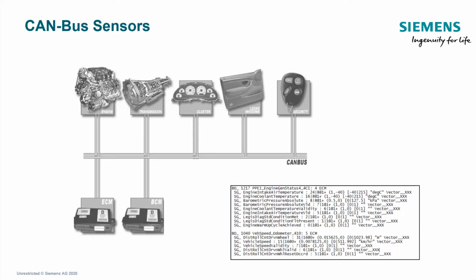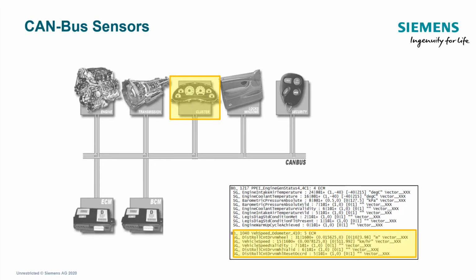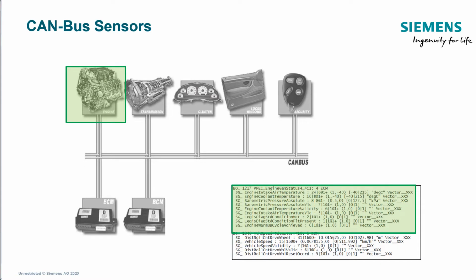You'll find, for example, for the odometer, there are some signals that come in and out, like the distance that we've rolled and the vehicle speed and a bunch of things. These are all the signals that are coming in and out of the odometer component. Whereas the engine might have a different list of signals coming in and out of that electronic control module for the engine.